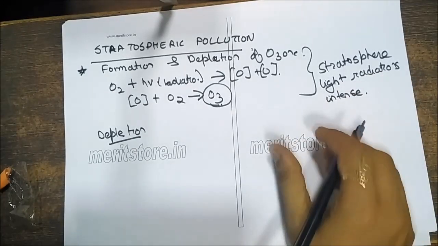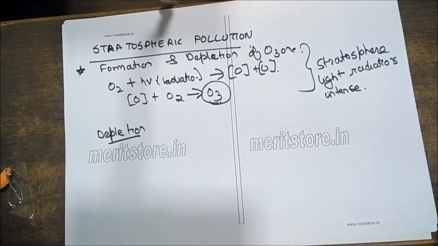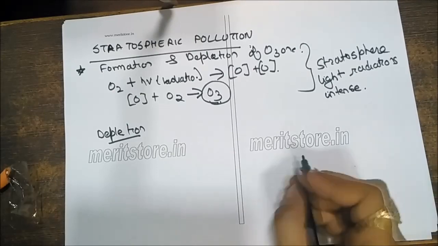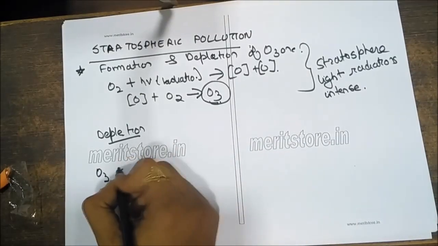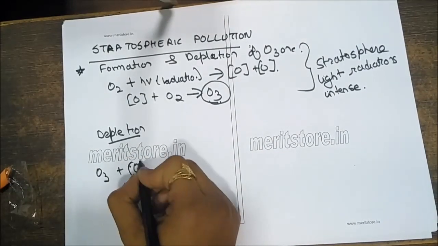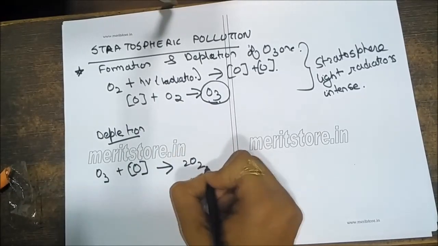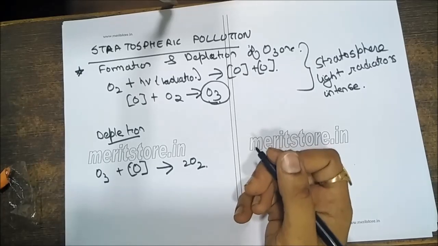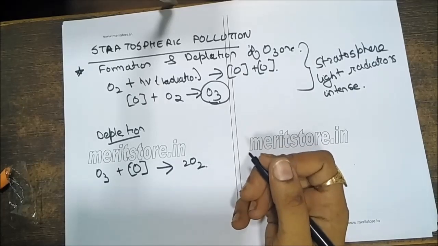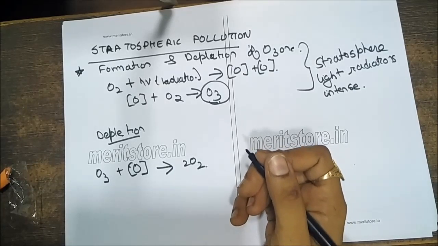Now depletion of ozone will be by colliding with other atoms and molecules. For example, when this ozone collides with another nascent oxygen, it will form oxygen gas. Likewise, the combination of ozone with other molecules destroys the ozone.